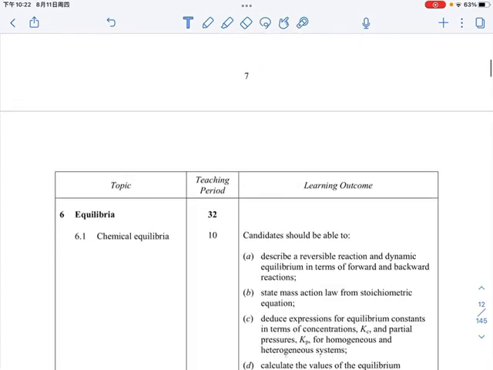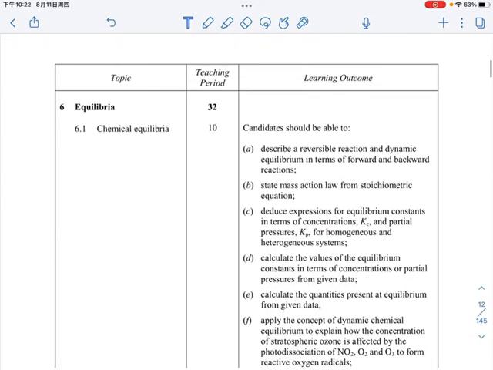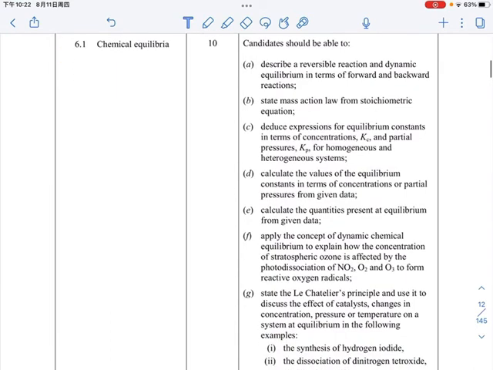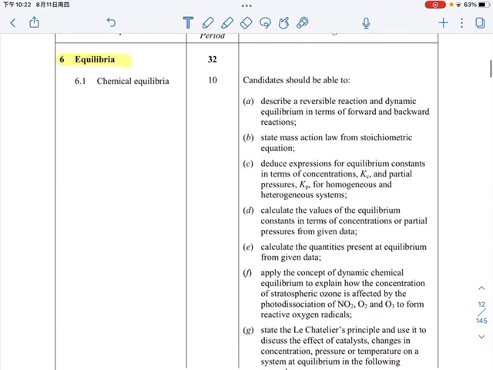Okay, let's go. Number 6, equilibrium, like the chemical equilibrium. You have to know which type of equation it is, the reversible equation or the dynamic equilibrium, this kind of thing, forward and backward reactions. You have to know the arrows.